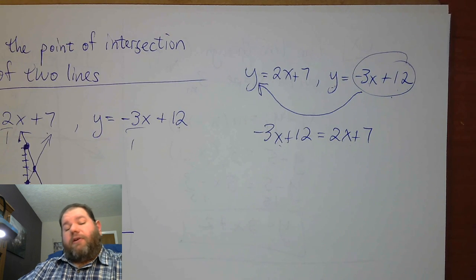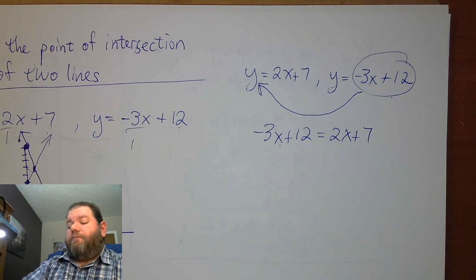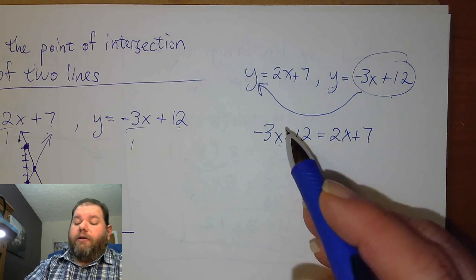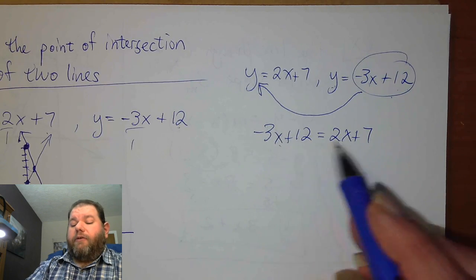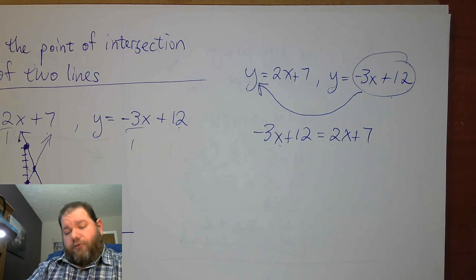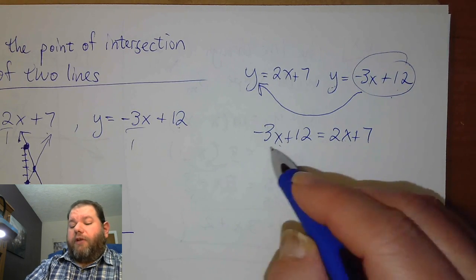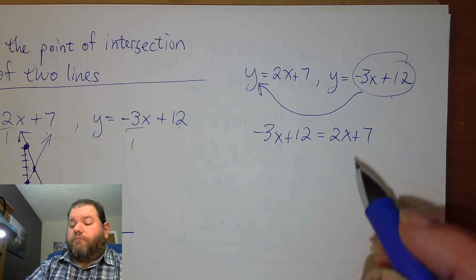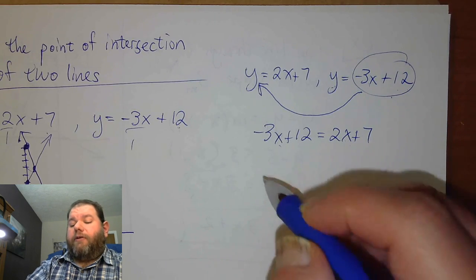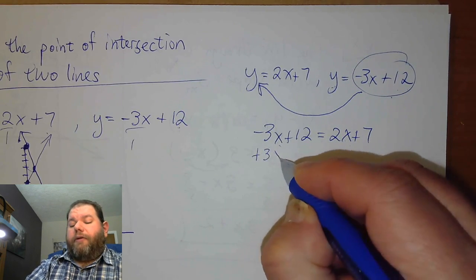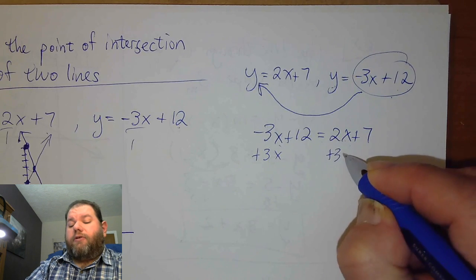Now, because they're on opposite sides of the equal sign, we have to be careful and make sure we do that by taking the opposite of what's on one side. For instance, if we want to take this minus 3x and combine it with our 2x, because of the equal sign, we can't just add them together. They're on opposite sides of the equal sign, so instead, let's add 3x to both sides of the equation.